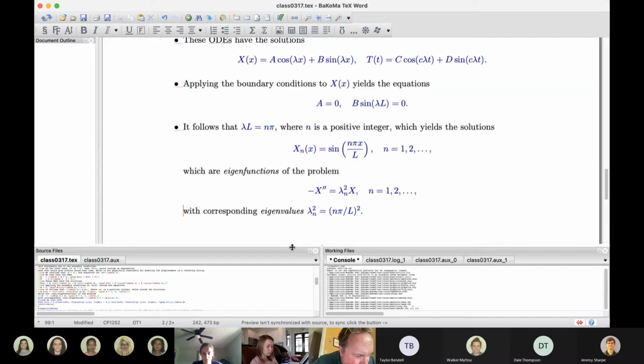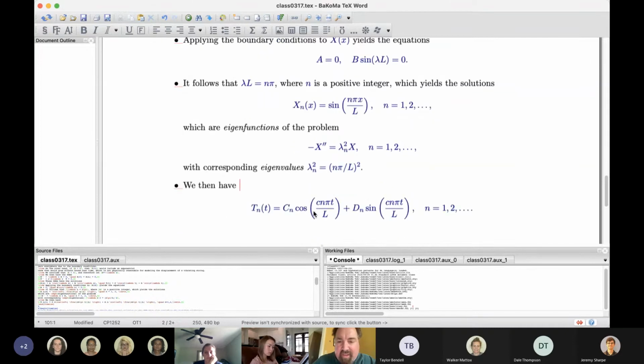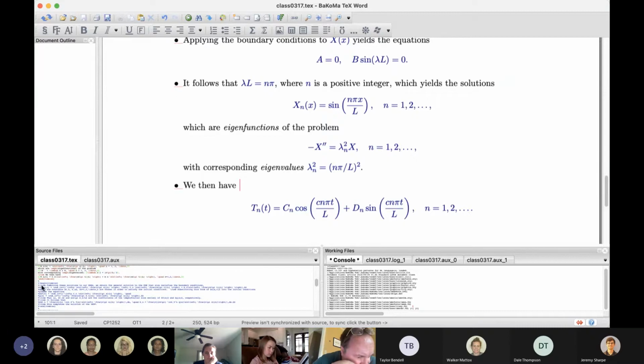And so far, we've seen no difference from the heat equation except for this. Now we fill in those values of lambda for Tn of t, and this is what we get here. So now we have these constants, Cn and Dn, that have to be determined from the initial data.